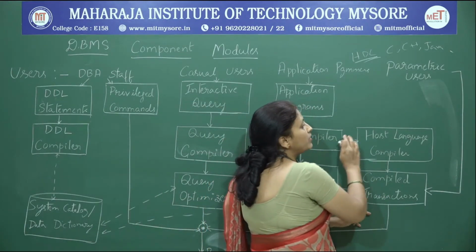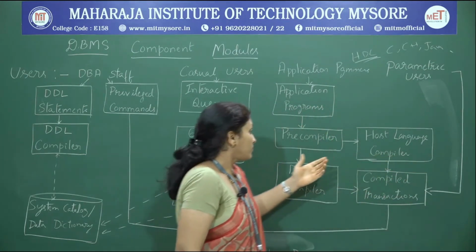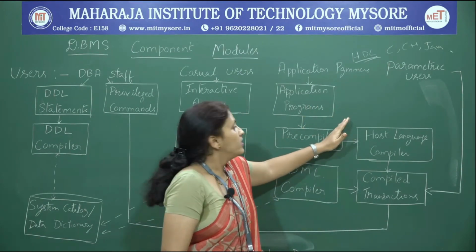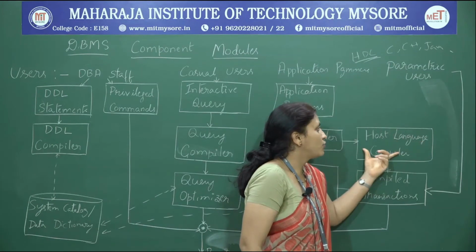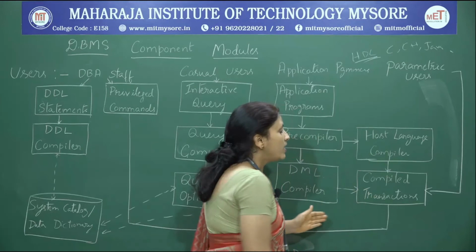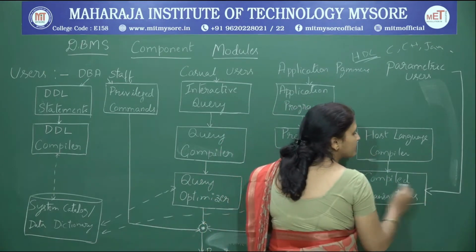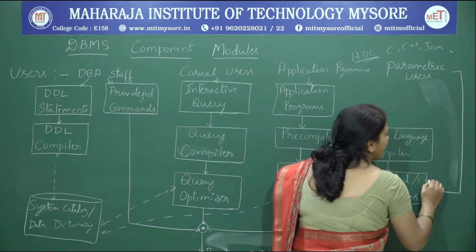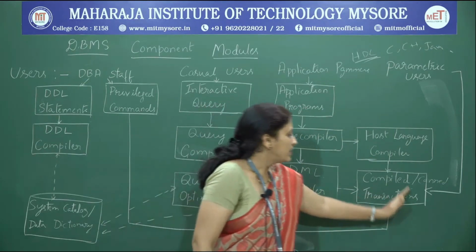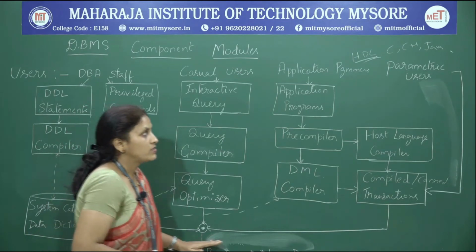At this point, we need to get an input from the host language compiler also. The remaining portion of the application program apart from the queries is compiled at the host language compiler, and the compiled versions will be merged again and stored as a compiled transaction, or we can also call this a canned transaction, or a stored procedure, and this will be fed to the runtime database processor for further processing.